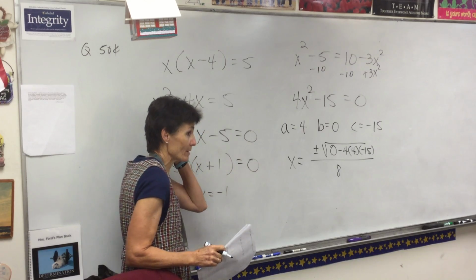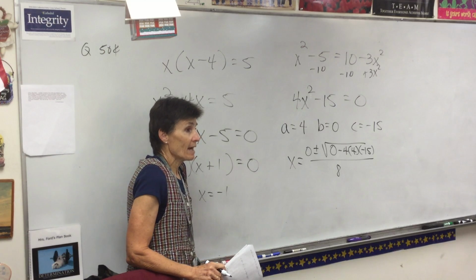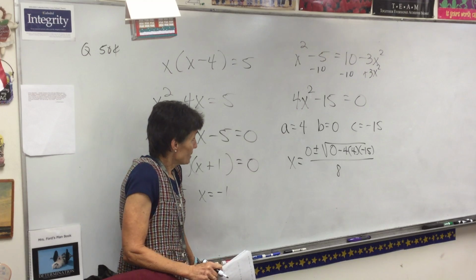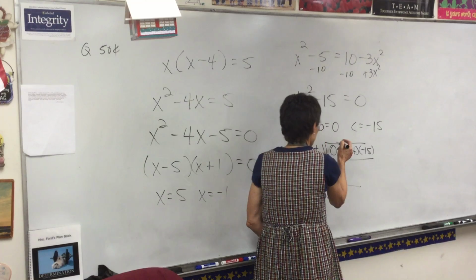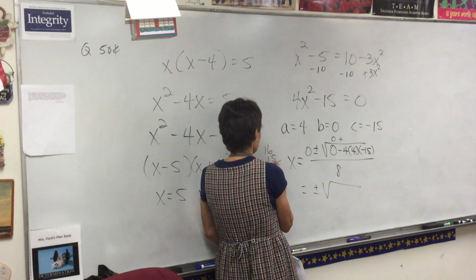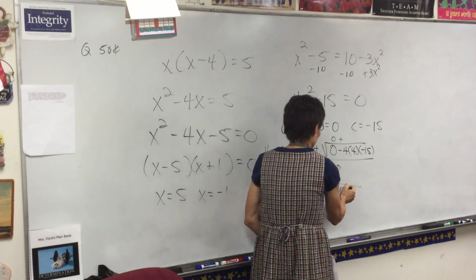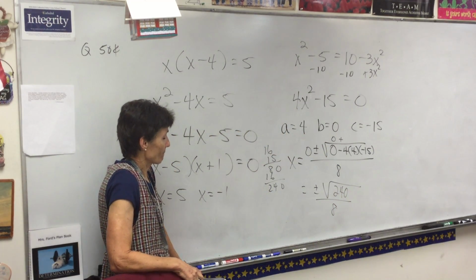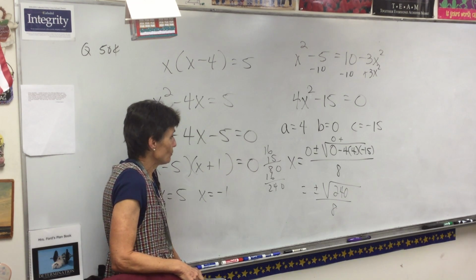Now that looks a little weird because we don't normally have a b that's 0, but that's what it would be, right? Yep. So let's see. That's going to be 0 plus 16 times 15. 240. Does 240 break down?